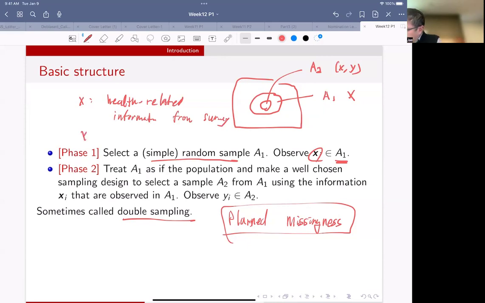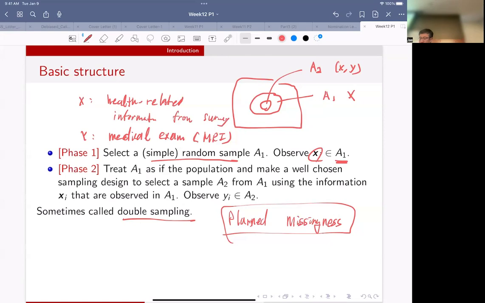But Y could be the actual medical exam, like an MRI. That could be really expensive, right? Rather than just taking a random sample and applying MRI, we can use X to identify a risk group, and use X to determine who is more eligible to get the MRI measurement.